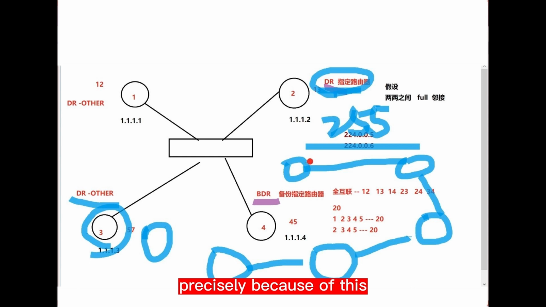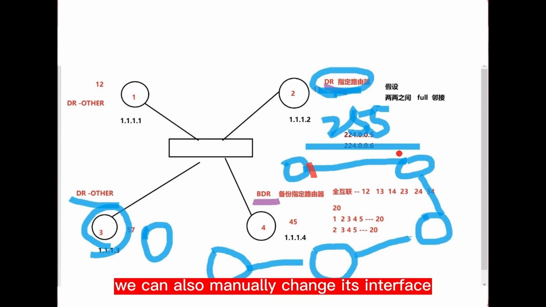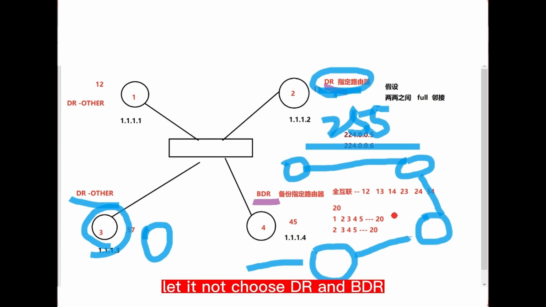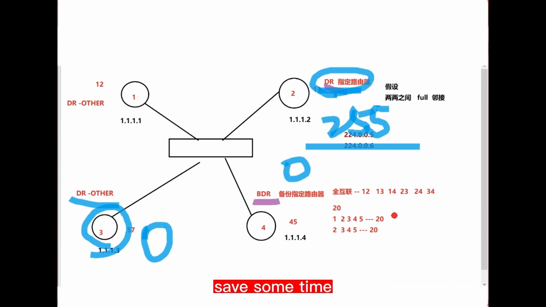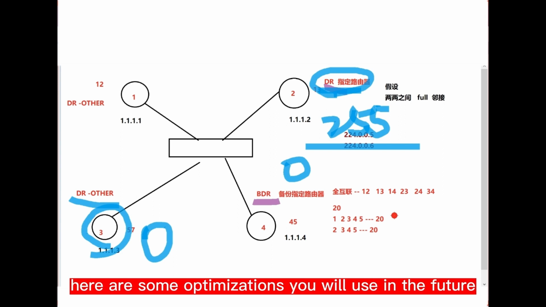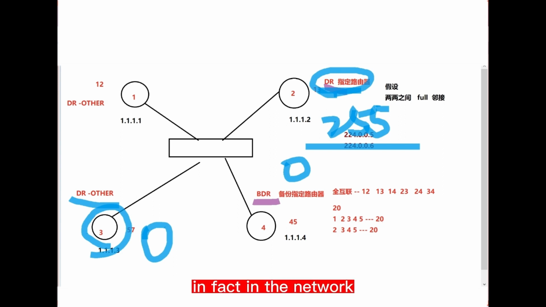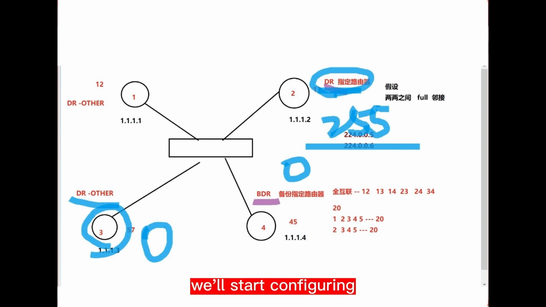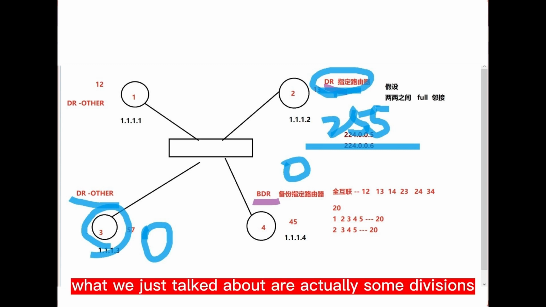Precisely because of this, we can also manually change the interface to point to point, so that it does not choose DR and BDR, saving some time. These are some optimizations you will use in the future. In the network, point to point is the most common way to see. We'll start configuring.